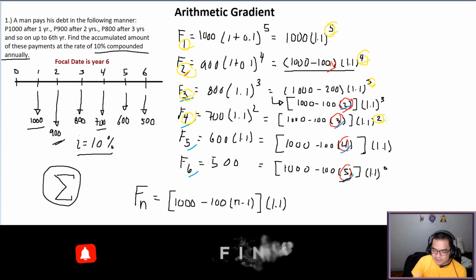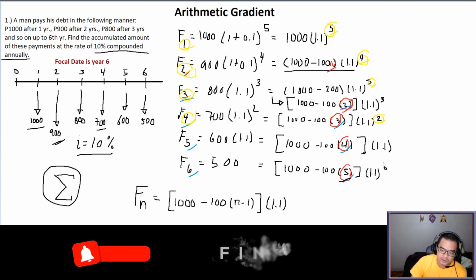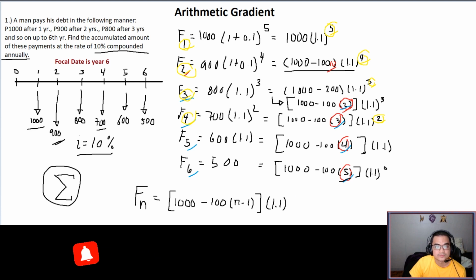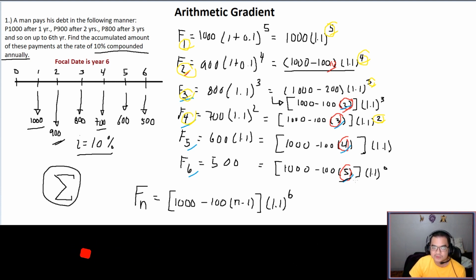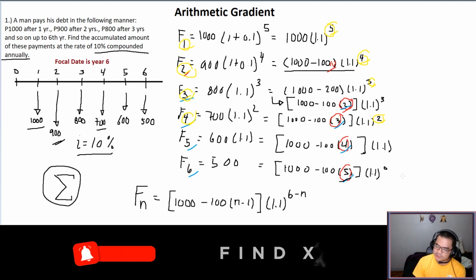So it has something to do with 6. So thinking about this one, the exponent of the 1.1 will just be 6 minus n. So this will be the general formula.